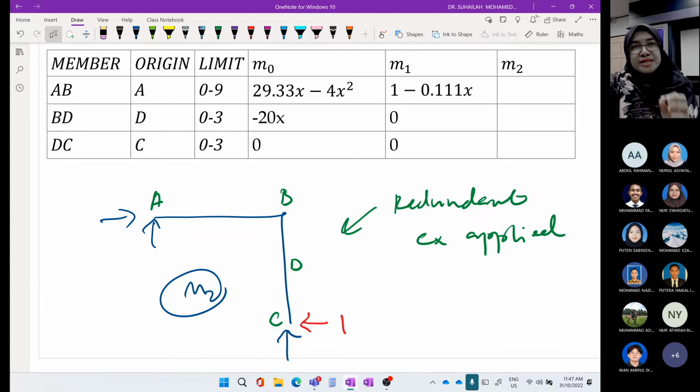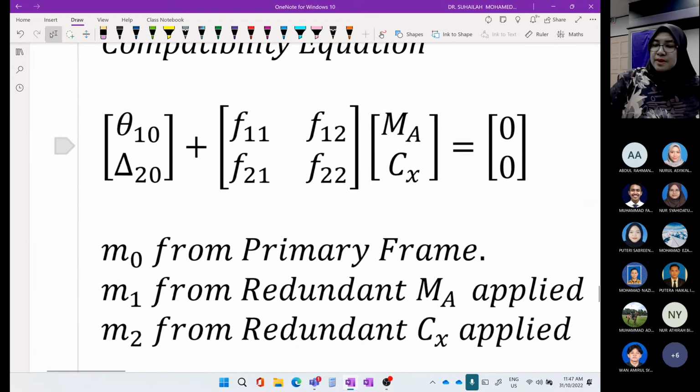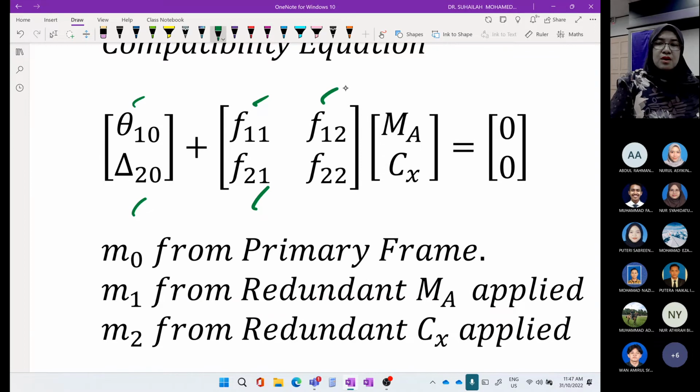Put the moment equation as M2 into the table, and continue to calculate all 6 displacements. Same as before, except this one has 6 displacements.